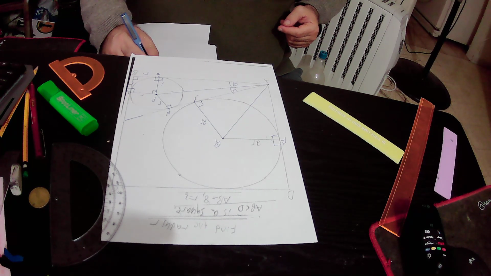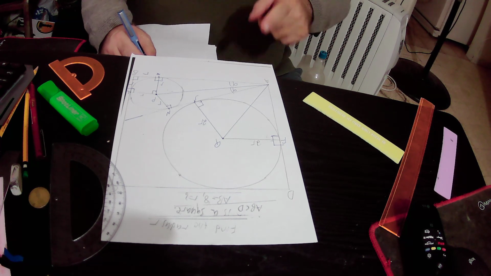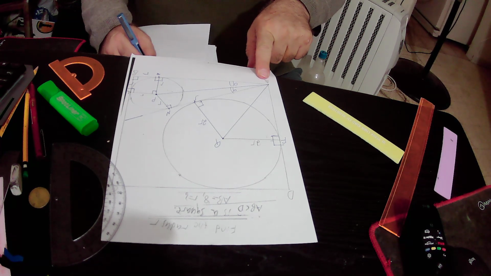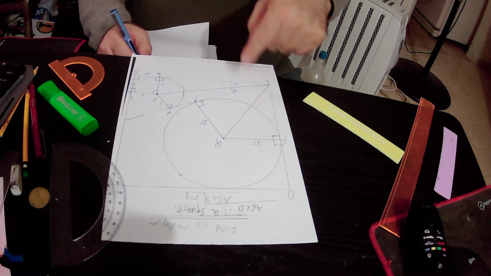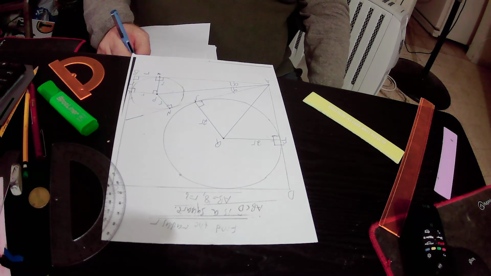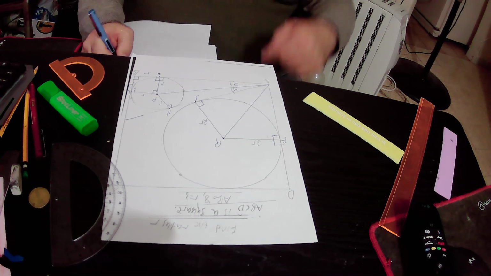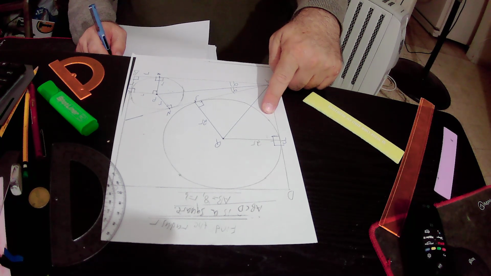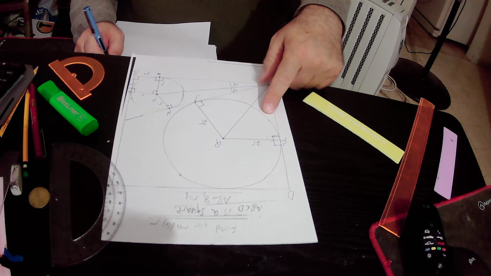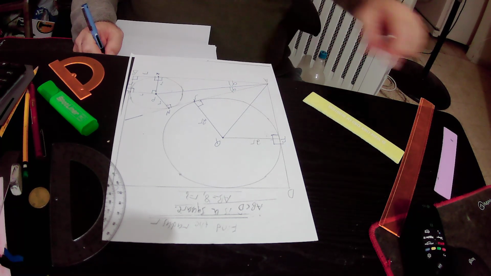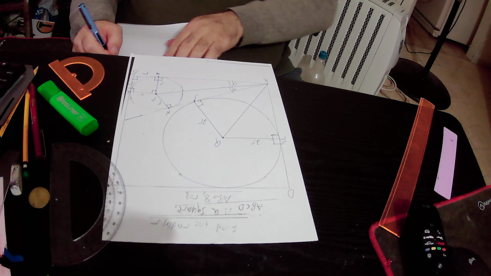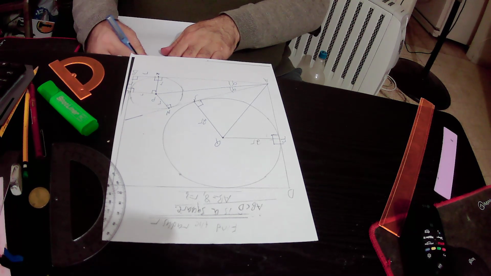So we focus on the right triangle ASQ, this right triangle, and triangle AQF, this right triangle, and we will prove that those two right triangles can go into each other.